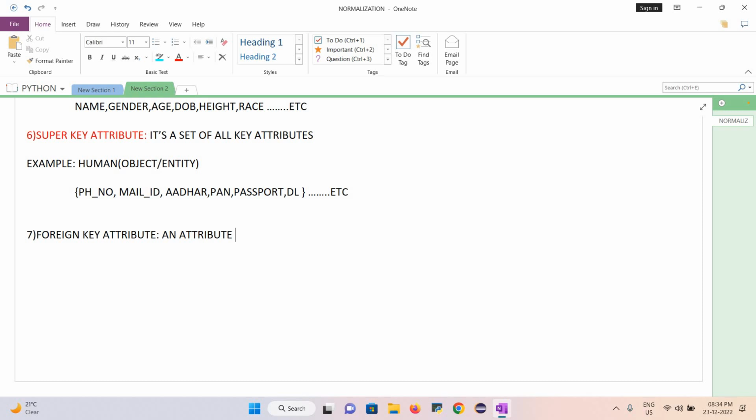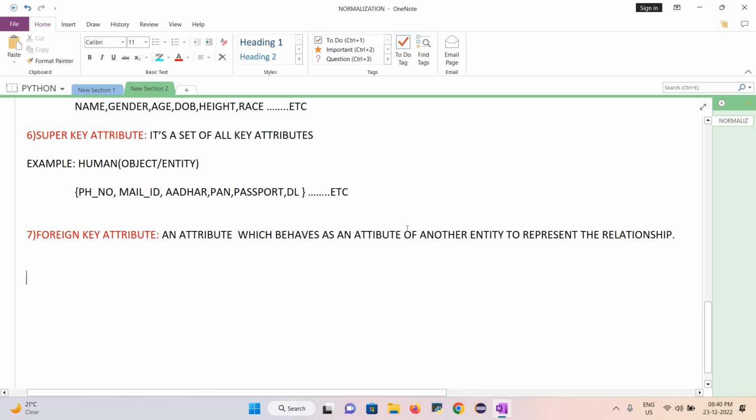When we are making a relationship between multiple tables, we use foreign key attributes. So I can say this is an attribute which behaves as an attribute of another entity to represent the relationship.